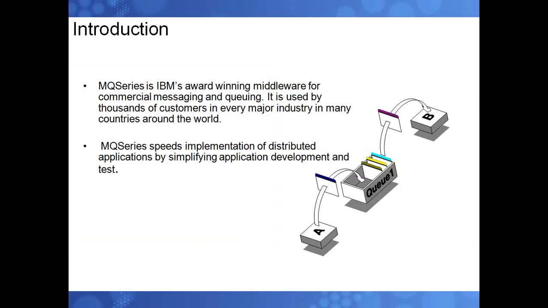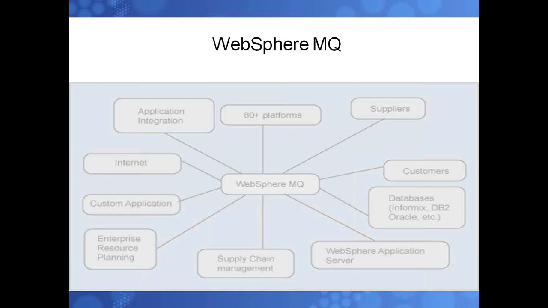Before we go into that, let me give you a brief introduction of MQ Series in IBM. MQ Series is an award-winning middleware for commercial messaging and queuing. What do messaging and queuing mean? Messaging is programs communicating by sending each other data in messages rather than calling each other directly.